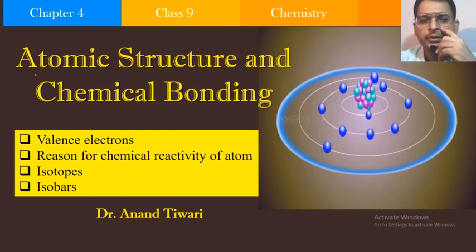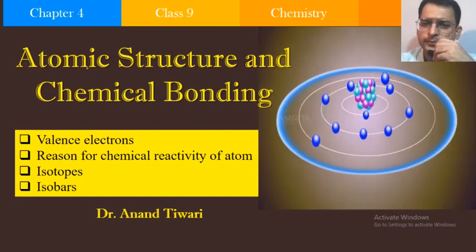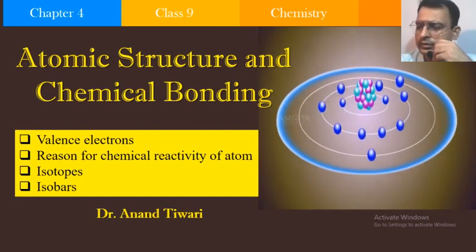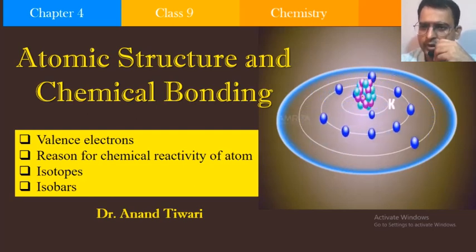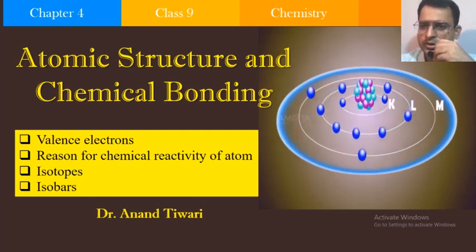We ended with Bohr's atomic model, in which we saw that around the nucleus the electrons revolve in fixed orbits, or shells, or energy levels.